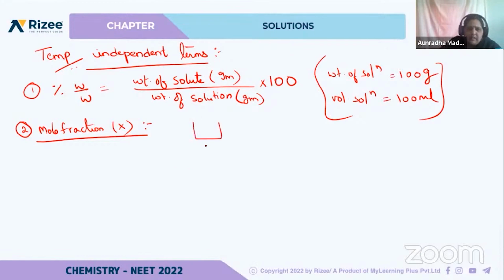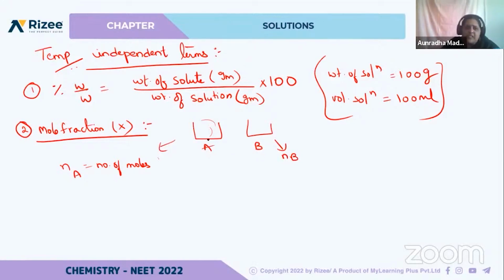The number of moles of substance A is Na, and the number of moles of substance B is Nb.